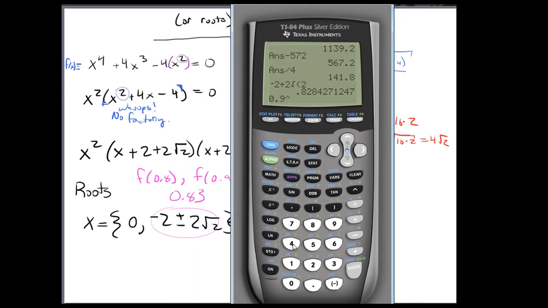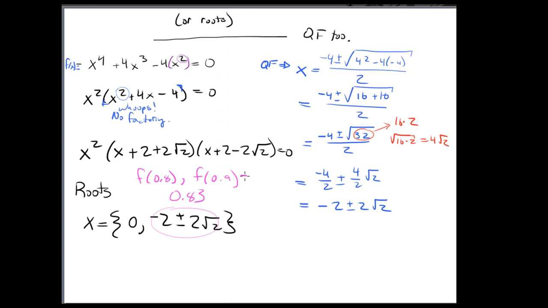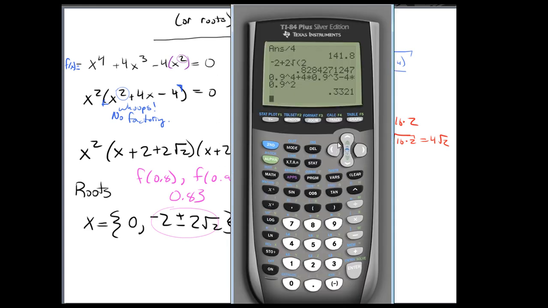0.9 to the 4th plus 4 times 0.9 cubed minus 4 times 0.9 squared. F of 0.9 is 0.33. Let's figure out what f of 0.8 is.